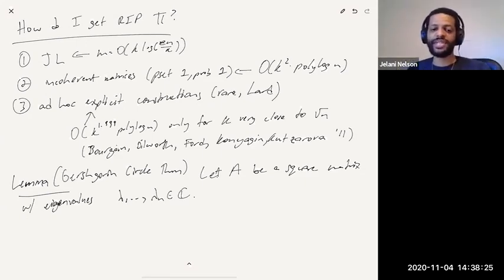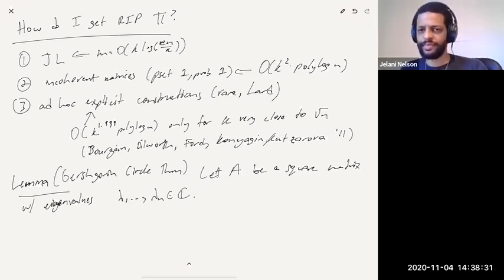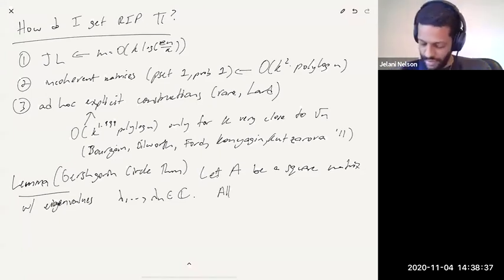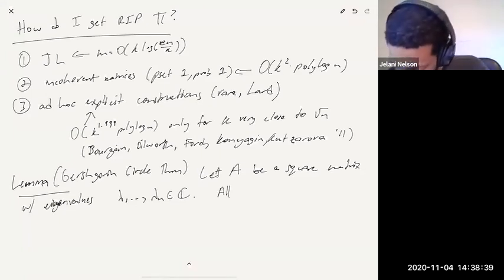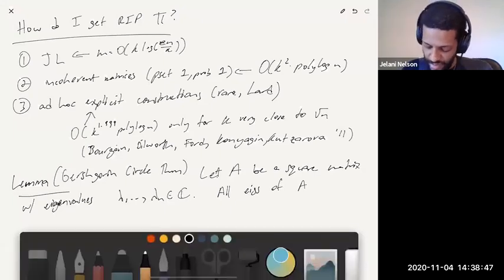The Gershgorin circle theorem says that all eigenvalues of A... Okay, actually, let me phrase it the right way so that it's correct.